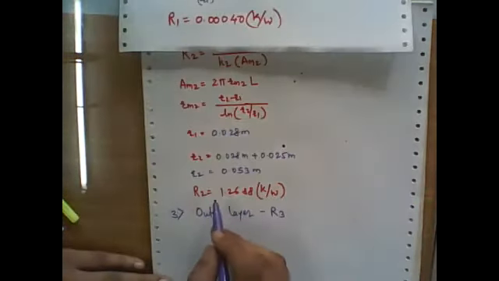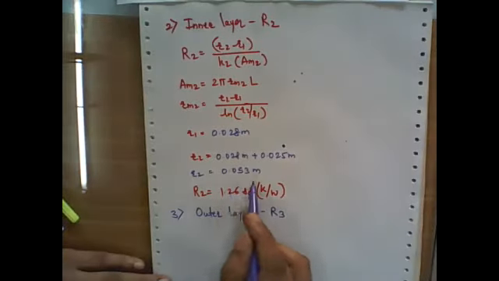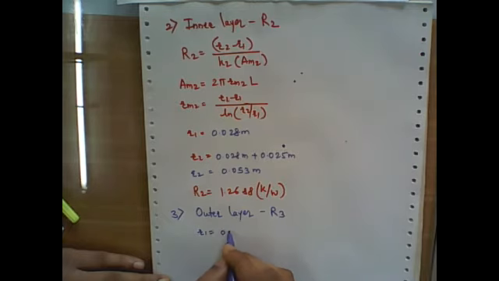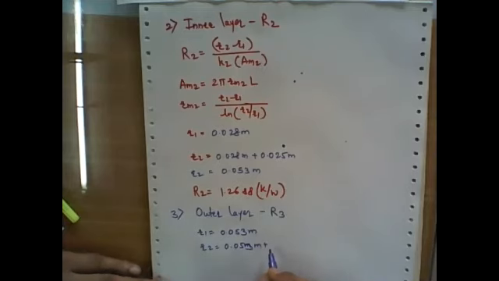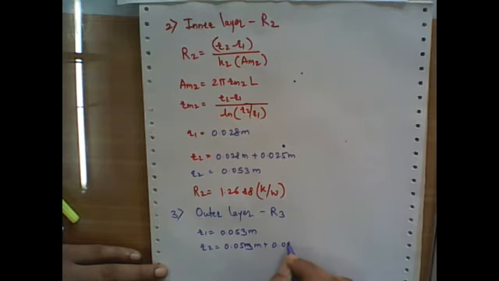Now the outer radius of the inner layer becomes the inner radius, that is 0.053 meter, and r2 becomes the addition of the thickness to 0.053. What is the thickness? 40 mm, that is 0.040 meter. So this small r2 becomes 0.093 meter.